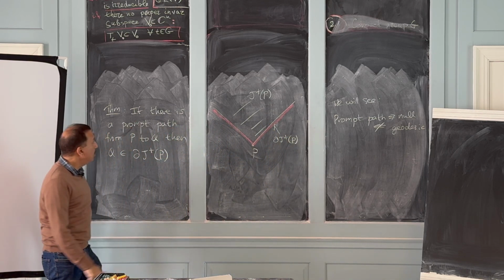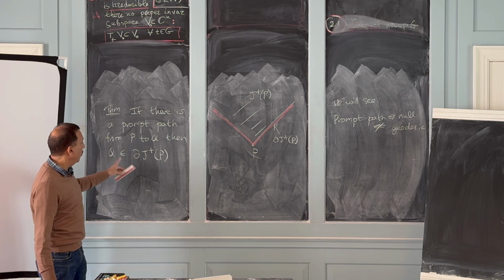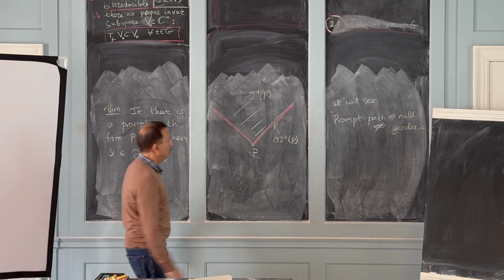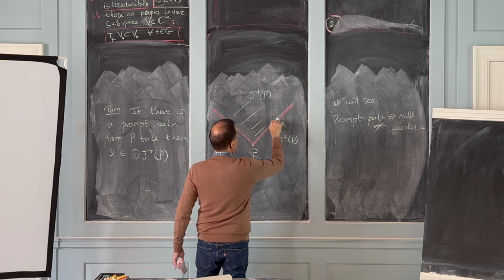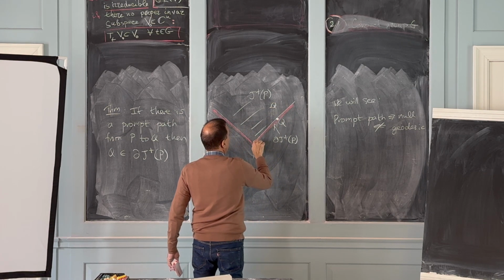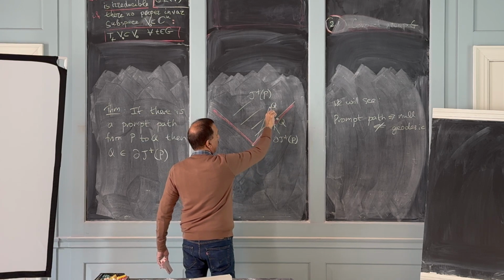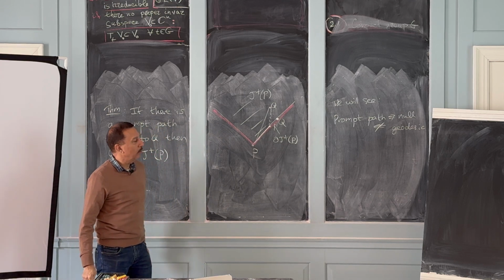And the statement is that if there's a prompt path to some space-time point Q, then Q better lie on the boundary of the causal future. So Q must be here. In Minkowski, it's very obvious, because if Q were here, then there's no way this could be prompt, because I would simply come down here and have a much prompter path from here to here.